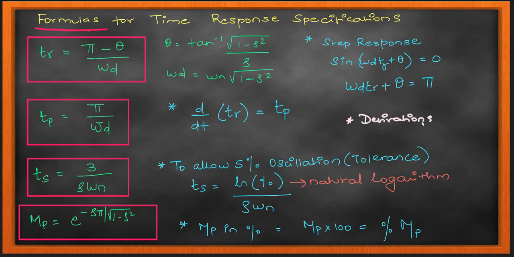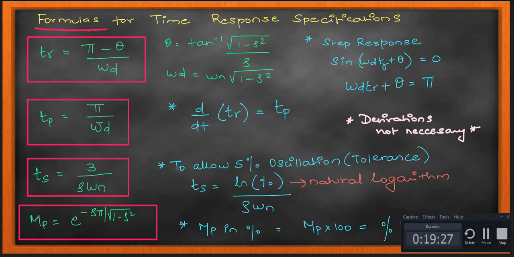Alright, so these are the formulas, and these formulas come in handy when you get a numerical in your exams, and you do get a numerical on the time response specification. Normally you see two questions in your GATE exams or in your service exams or any kind of entrance exams or your university exams.